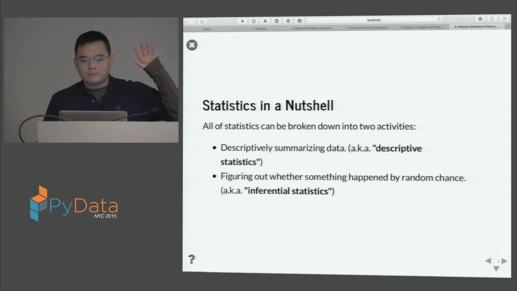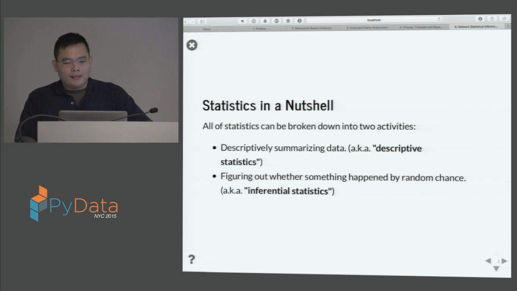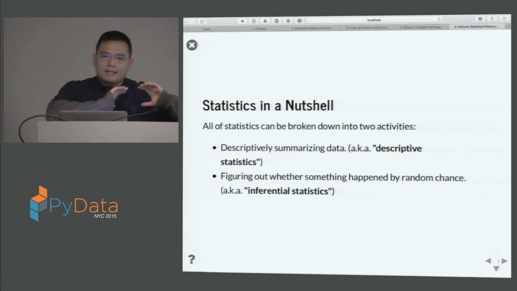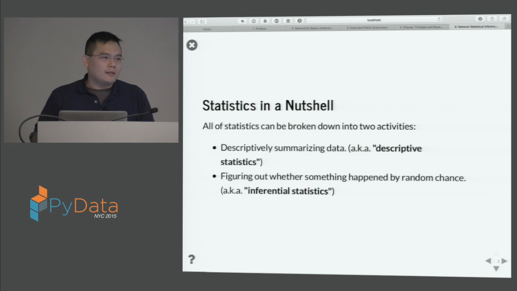One, descriptive statistics. So in other words, you've got a bunch of data and you need to summarize it for your boss. You give something like the mean, the IQR, etc. But that's descriptive stats. And then there's inferential stats, which is basically saying, this data that I observed, you ask, what's the probability that it came from some random model?